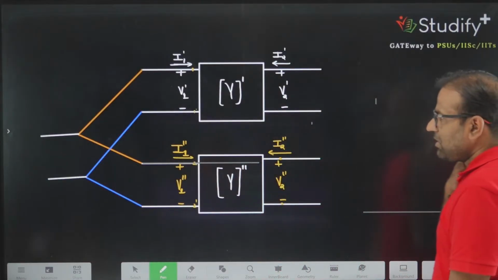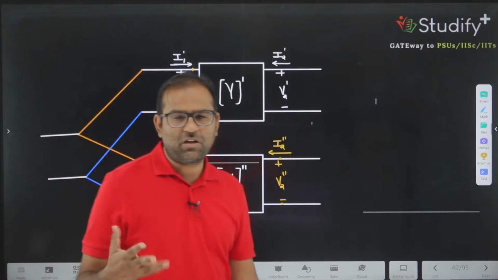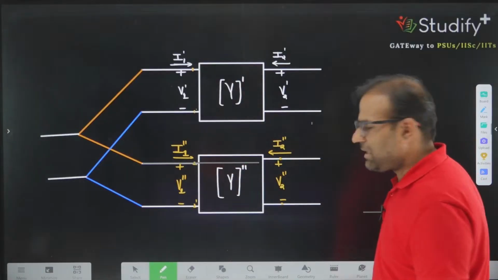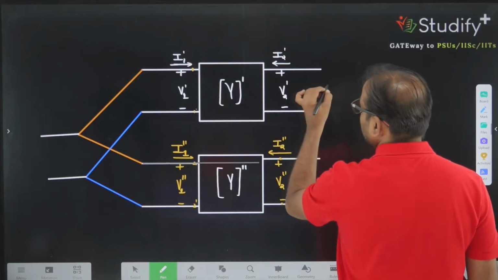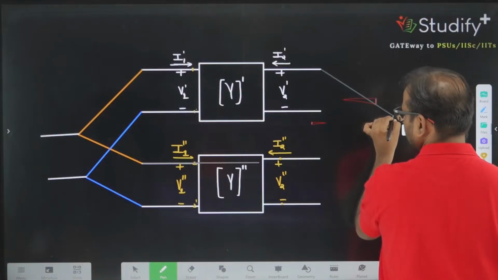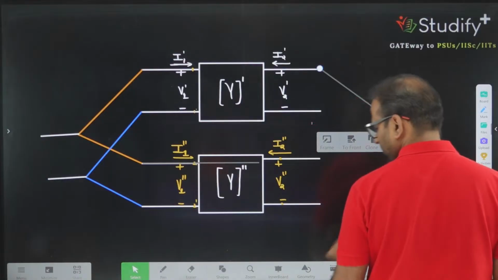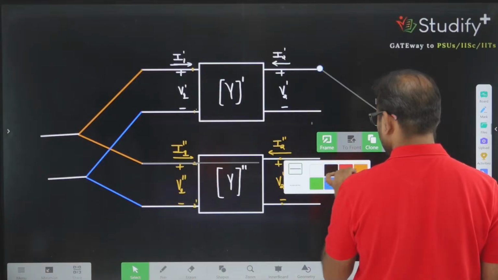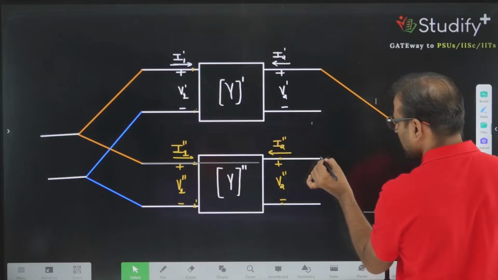Correct? Let's talk about this configuration. This configuration is known as shunt configuration, or you can say anything. Means these are two. We want to connect these two Y parameter networks in parallel.